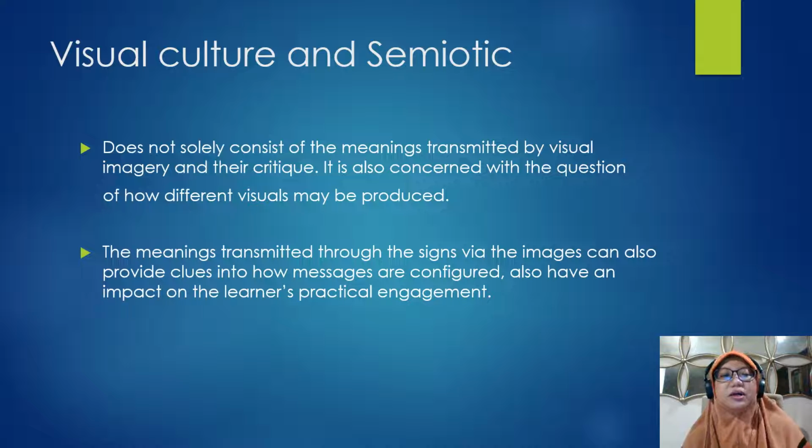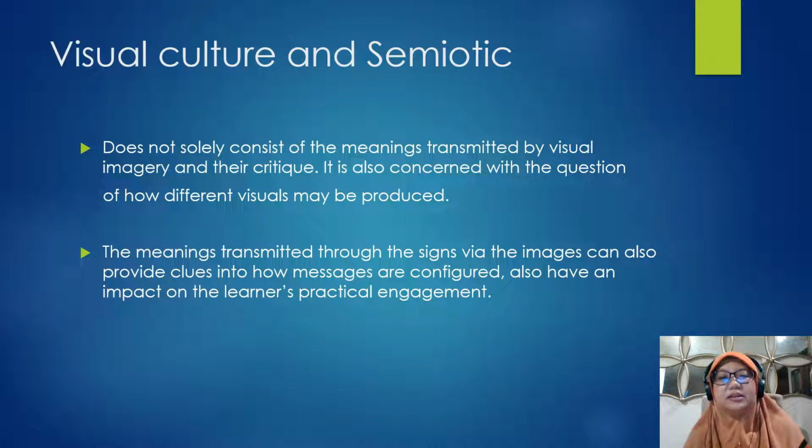Okay, two, meaning transmitted through the signs via the images can also provide clues into how messages are configured, and this will have an impact on the learner's practical engagement.